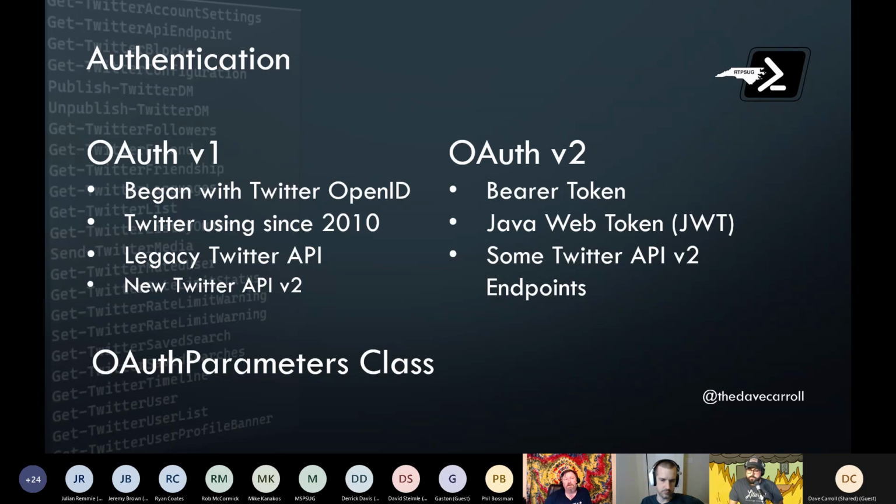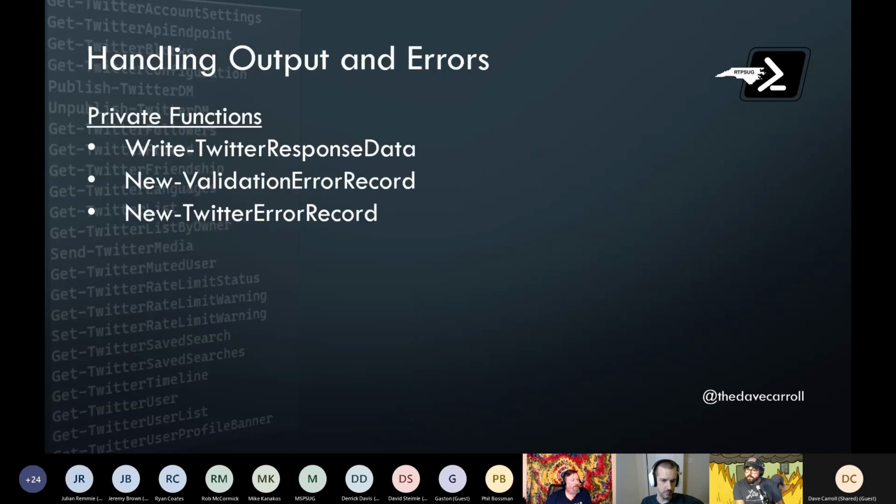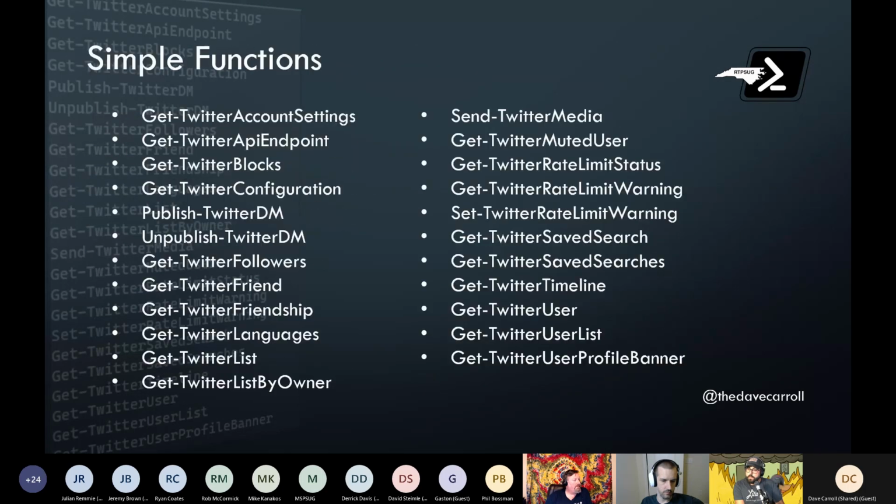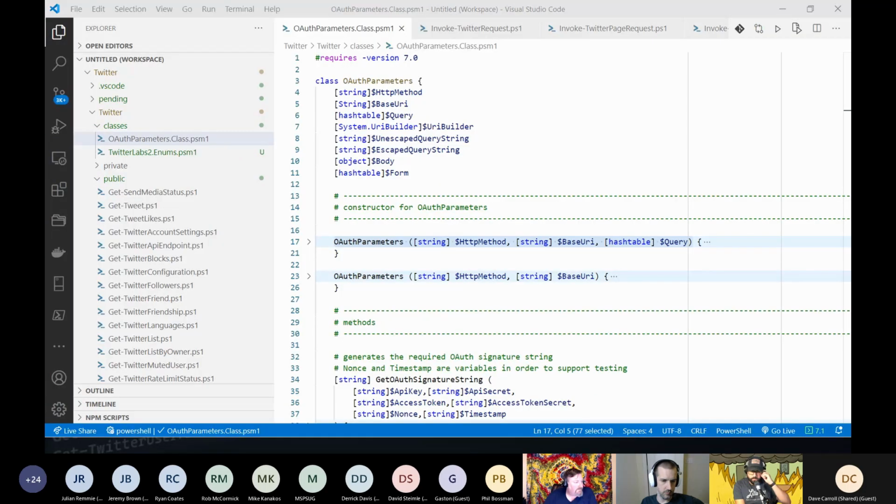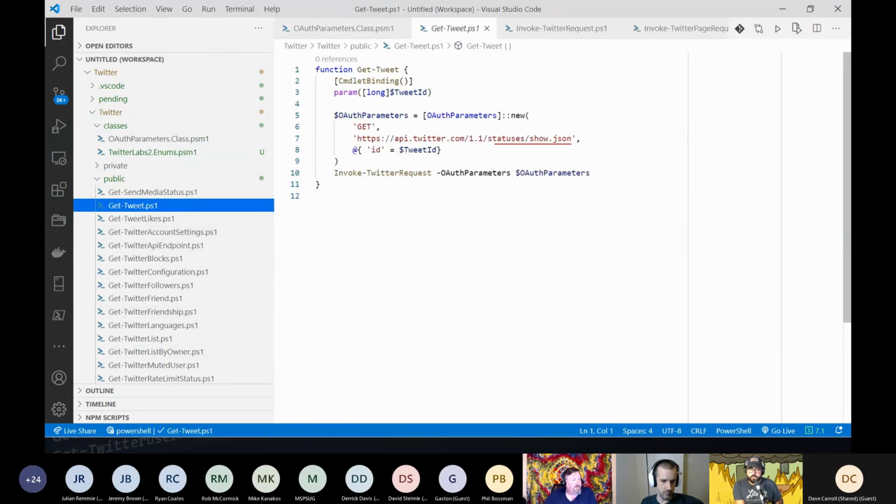Okay, so I guess maybe instead of doing what I was doing, let's go to the next thing, or go backwards, I guess I should say. Yeah, so these simple functions that we were looking at, this get tweet.